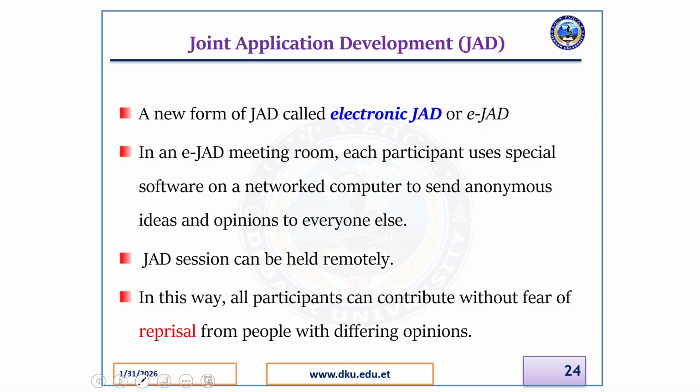In an e-JAD meeting room, each participant uses special software on a networked computer to send anonymous ideas and opinions to everyone else. JAD sessions can be held remotely. In this way, all participants can contribute without fear of reprisal from people with differing opinions.